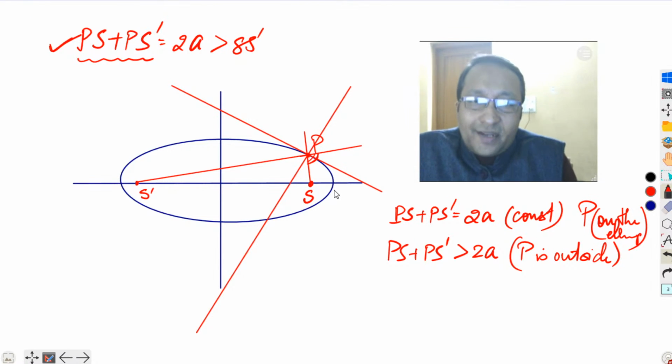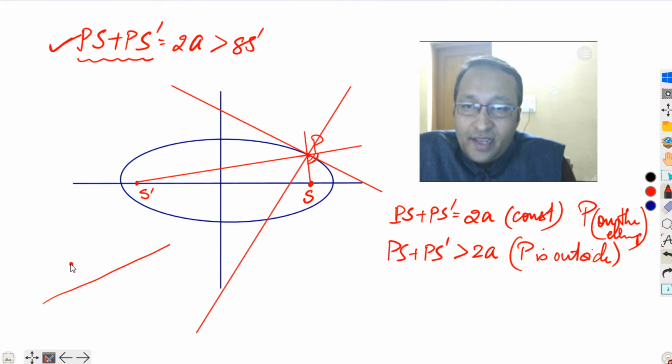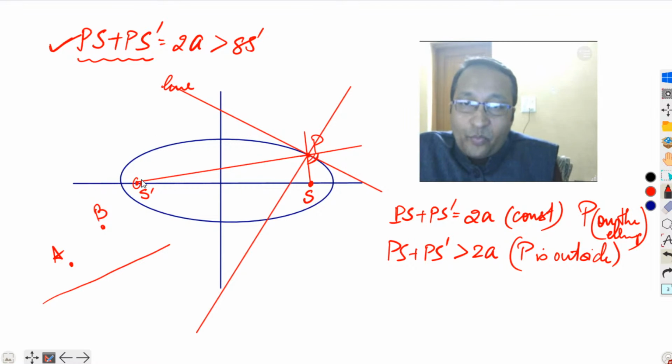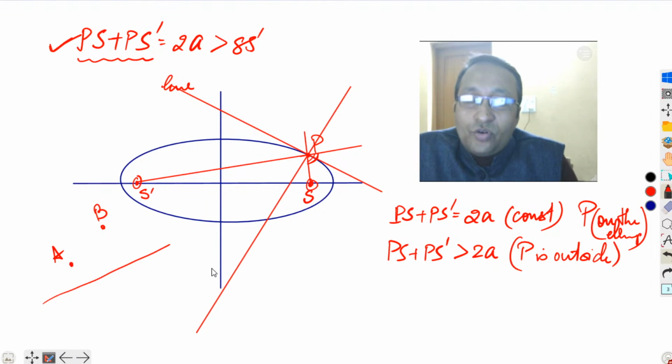For one moment, just ignore the ellipse. Forget it. There is no ellipse as such. Think of that previous problem, the one we did. A and B are 2 points on the same side of a line. So this is your line, and these two are your points S and S dash lying on the same side of the line.